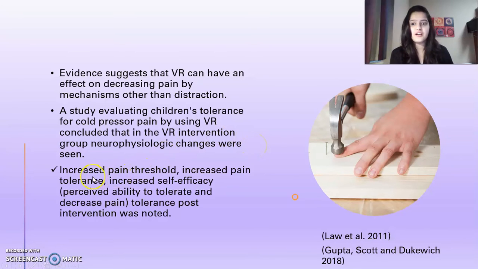The changes were increased pain threshold, increased pain tolerance, and increased self-efficacy, that is the perceived ability to tolerate and decrease the pain, which post-intervention was noted better in the VR intervention group. Now we know that in order to manage severe pain, lots of analgesics are given, and these analgesics can have a side effect on the patient. So using VR to manage the pain is one of those non-pharmacological interventions which might help us to avoid these side effects.